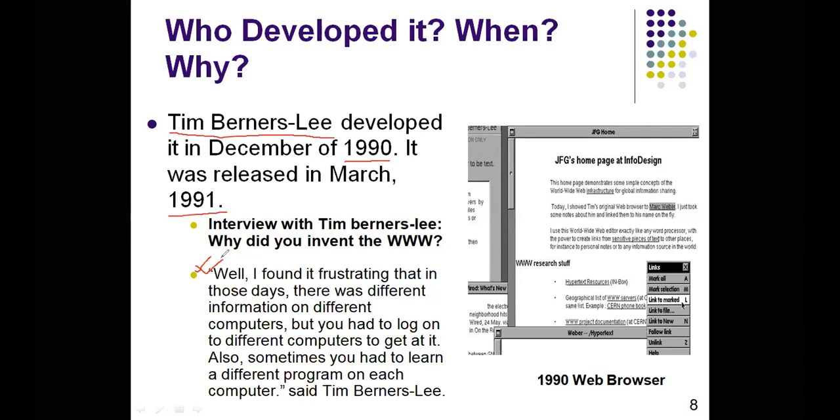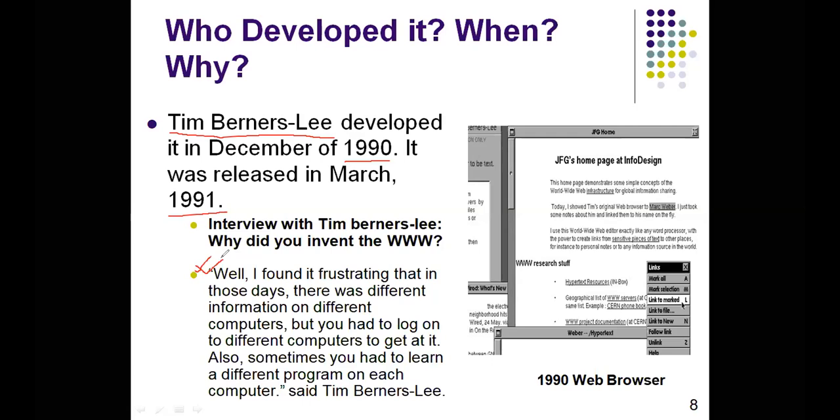Any web browser, and we cannot use any social media software like Facebook, YouTube, or other things. Because whatever information Facebook has, it is stored inside the Facebook computer, but I would like to access that content from my computer.